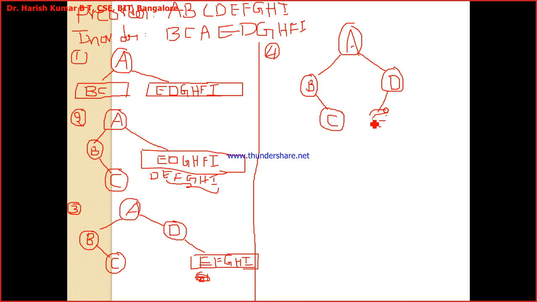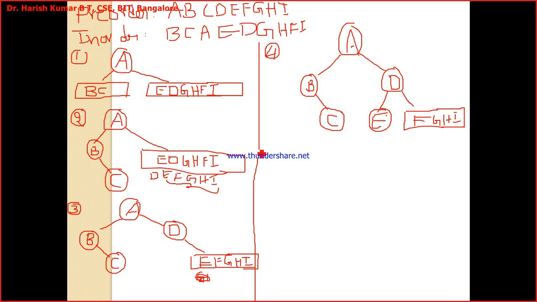So this is the only left child for D, and the rest, F, G, H, I, are going to take the position in the right subtree of D. Next again I go for arranging this F, G, H, I in the sequence. It is already in the sequence, and the next root node for F, G, H, I will be F.